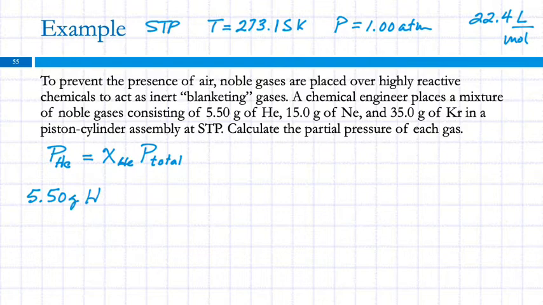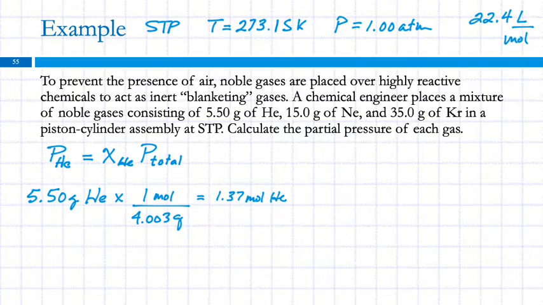5.50 grams of helium. Can we convert that to moles? Yes, we can. Divide by the molar mass. 5.5 divided by 4.003. I'm going to be sloppy here and just keep 3 sig figs. 1.37 moles of helium.